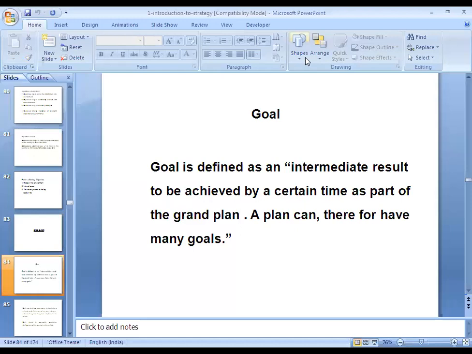For example, suppose right now it's 11:30 on my clock, and my goal is to reach Pune by 3:30. By 3:30 I should be at Shivaji Nagar, Pune. Now, in order to achieve the goal of reaching Pune by 3:30, how do I relate my objectives?